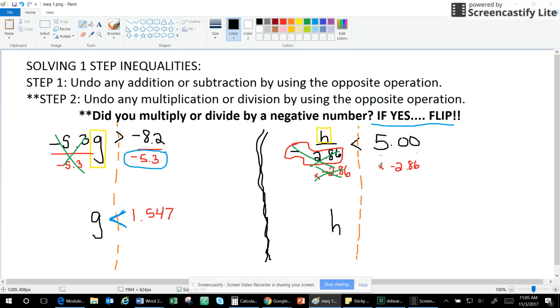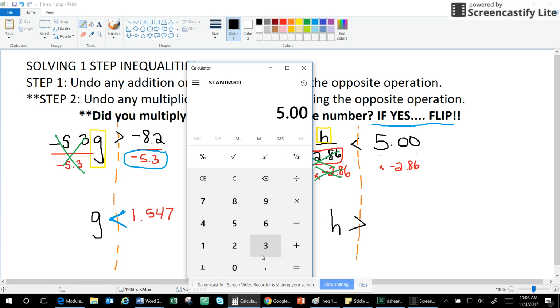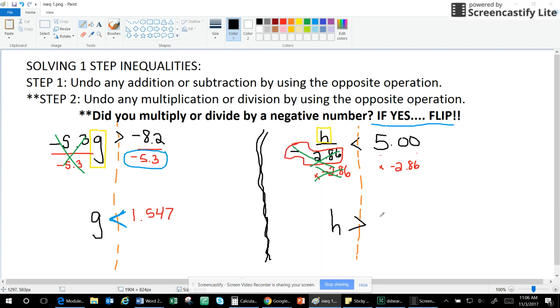I multiplied by a negative number, so that inequality symbol flips. And I have 5.00 times negative 2.86 equals negative 14.3. All right, so there we go.